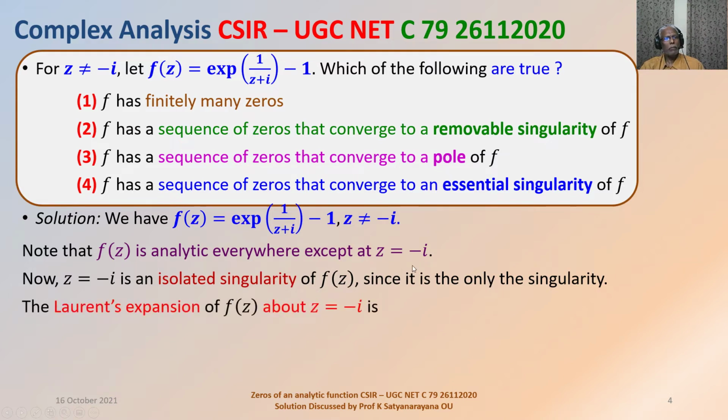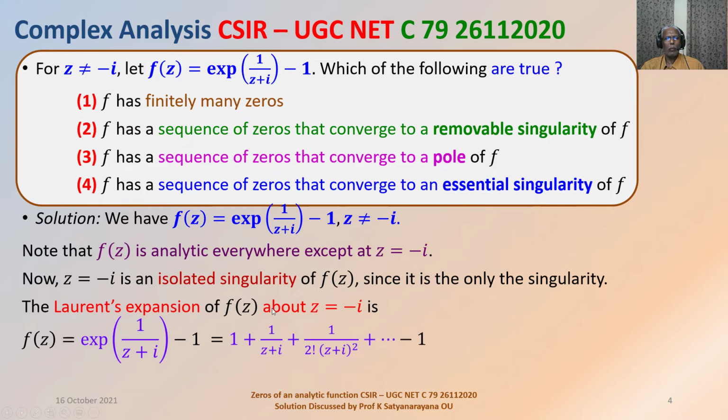Therefore, we can have the Laurent expansion of f of z about z is equal to minus i, and it is given by e power 1 by z plus i, minus 1 is equal to 1 plus 1 by z plus i plus 1 by 2 factorial into z plus i whole square in the denominator plus etc., minus 1. The 1 minus 1 cancels and you are left with 1 by z plus i plus 1 by 2 factorial z plus i whole square in the denominator plus so on and so forth.